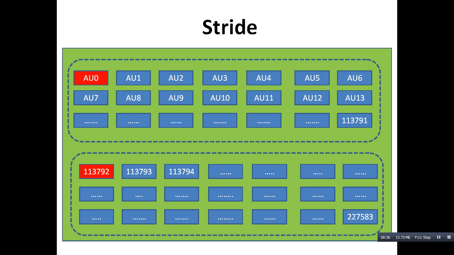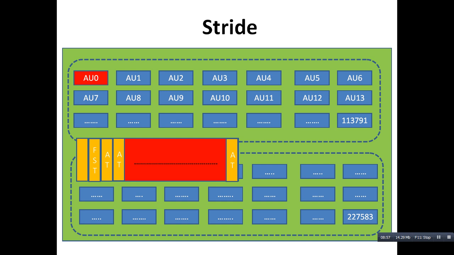This allocation table block in this allocation unit will have the information for other allocation units on the disk. I'll be showing this in the demo, which will give a clearer picture. So allocation unit number 113792 is the block which is formatted to store the information for the allocation table and the free space table, which will be used to address the next allocation units.